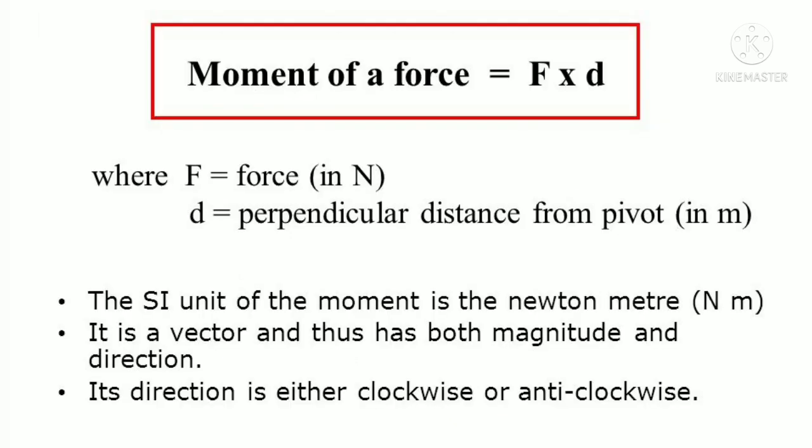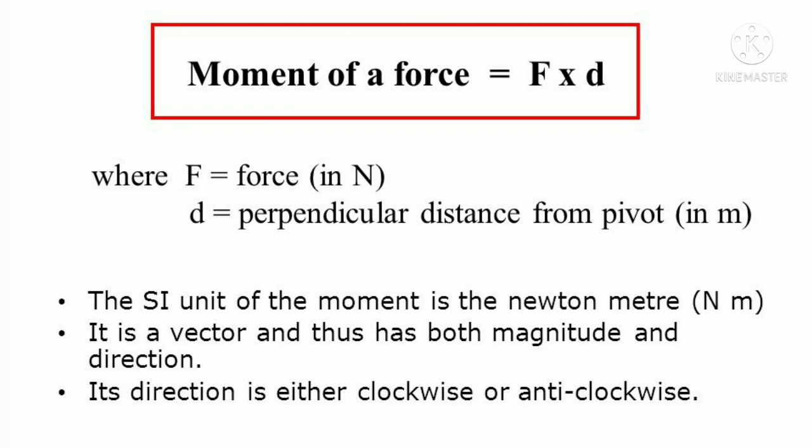Yes, moment of force equals F into D, force into distance. Here force F is denoted in Newton, and D is the particular distance from the pivot or from the center point. The SI unit of moment of force is Newton meter. And it is a vector quantity.